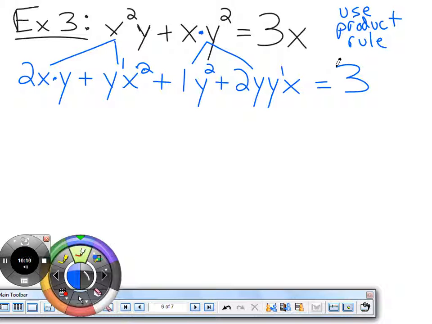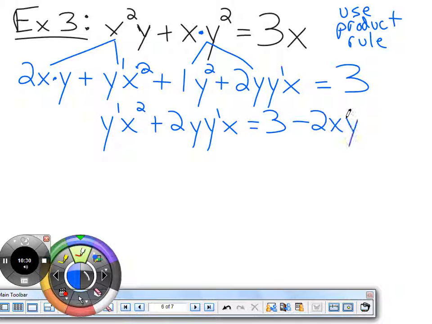So then what we're going to do is we're going to try to get our y primes together. So we've got y prime x squared plus 2y prime x equals, we got 3 minus 2xy and then minus y squared.